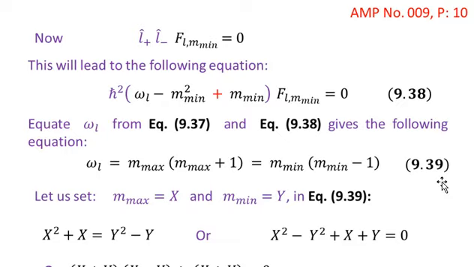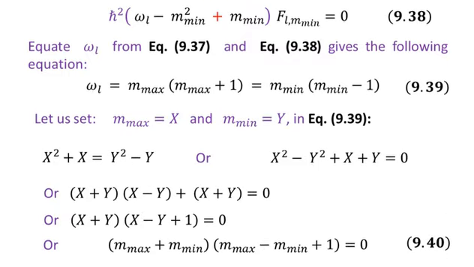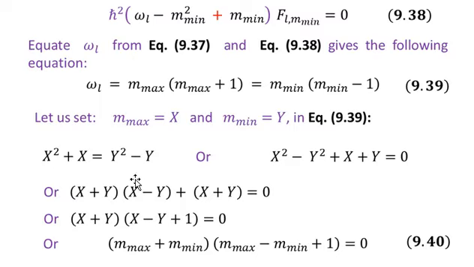Now, in order to get useful information from equation number 39, I am setting m max to be equal to capital X and m minimum to be equal to capital Y. Then equation number 39 can be written as x square plus x is equal to y square minus y, or x square minus y square plus x plus y is equal to 0.